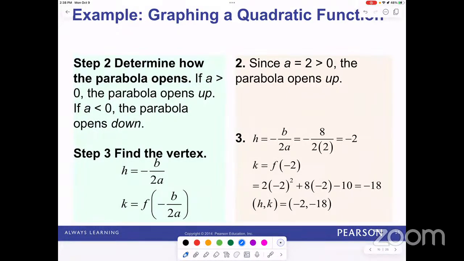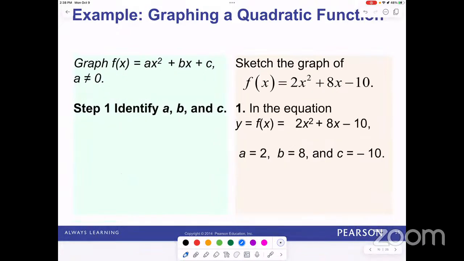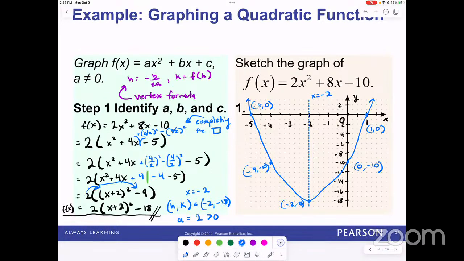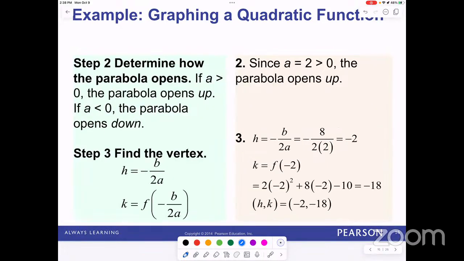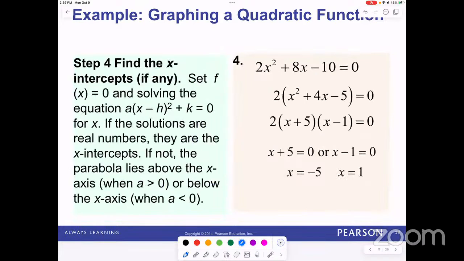Let me make sure I put my negative. -b/2a. Okay. So then that gives us the x coordinate of the vertex. Once we have the x coordinate of the vertex, you can pass it through the function again to find your y coordinate of the vertex. They got the same vertex that we got, -2, -18. And then I think they found the intercepts.